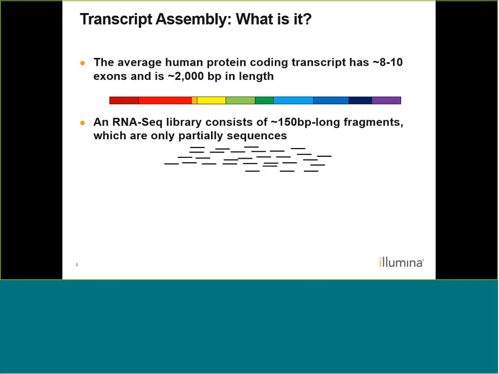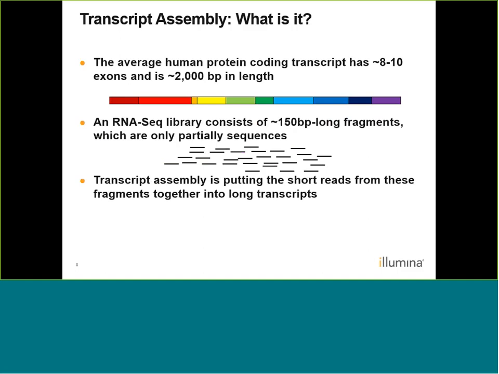So they're very short. And when we do RNA sequencing, we're only sequencing these fragments partially. So we end up with these relatively short reads in comparison with the original transcript length. What transcript assembly then does is it attempts to put these short reads from these short fragments back together into long transcripts.